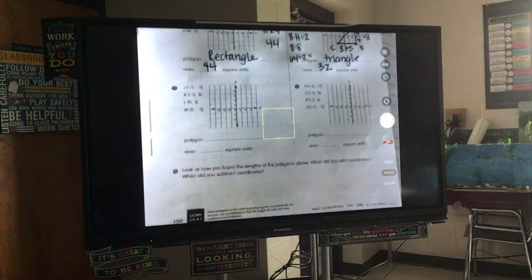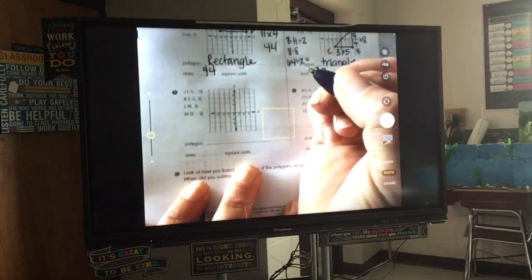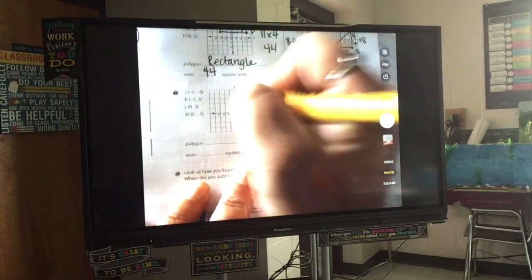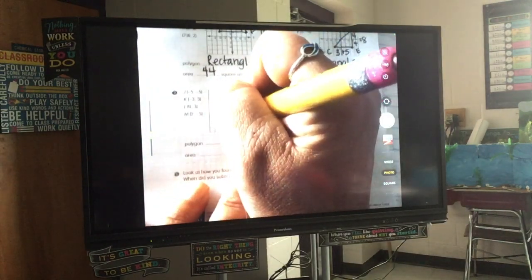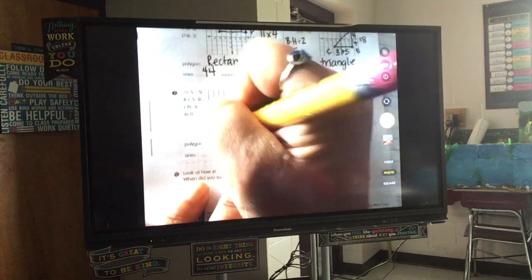All right, let's look at number 3. Tell me, how do I get to point J? How do I get to point J? You go to the left 5 times, okay, and then go down 5 times.